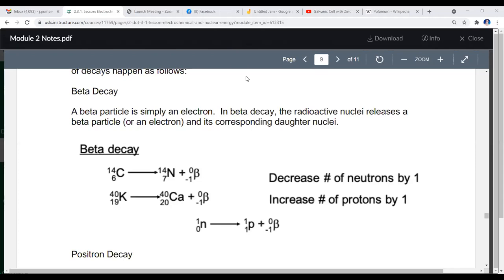I thought, Miss, that the decrease in the number of neutrons and the increase in the number of protons are the two factors in one equation. You mean these two simultaneously together is for one reaction only?